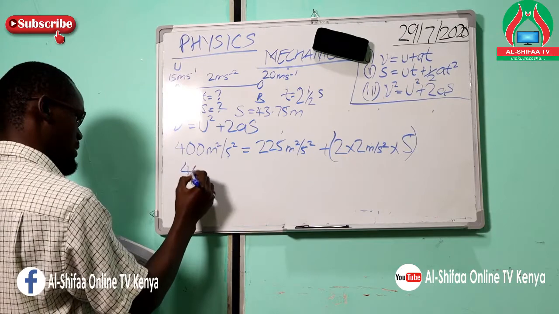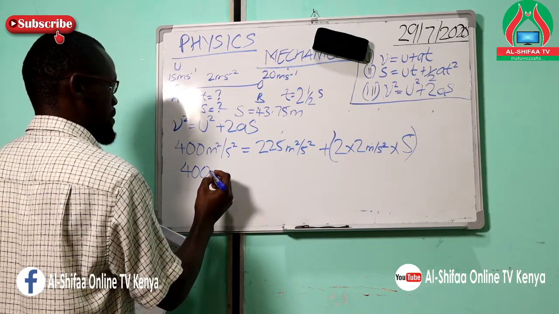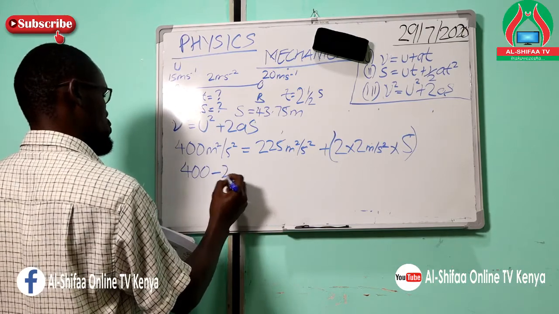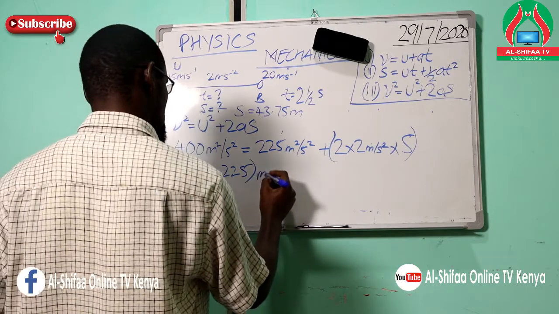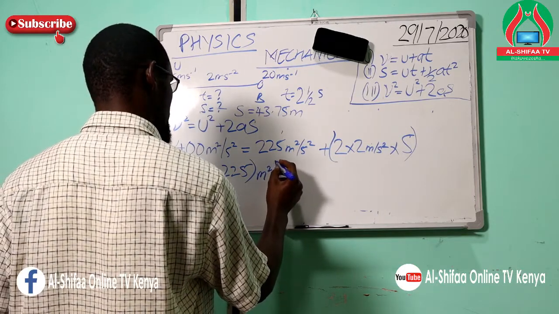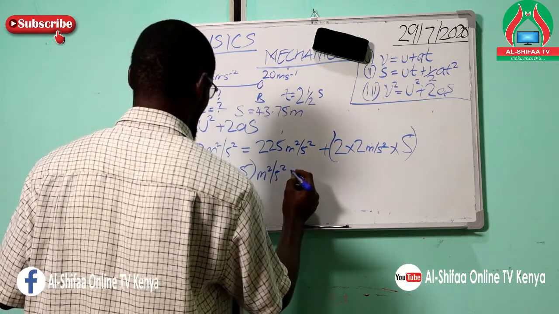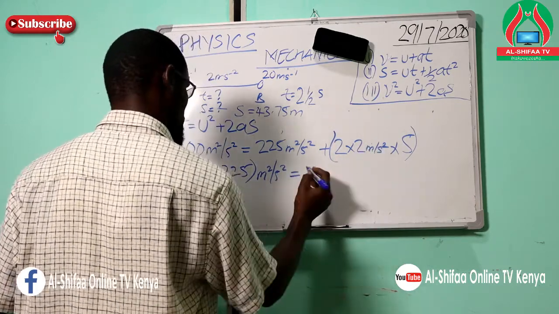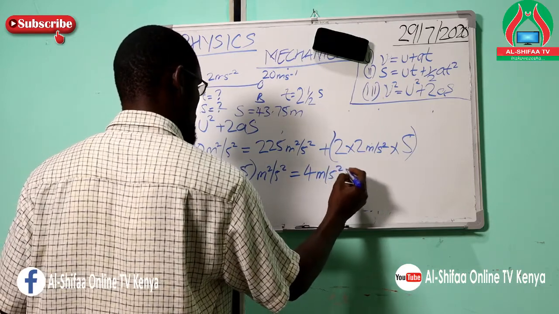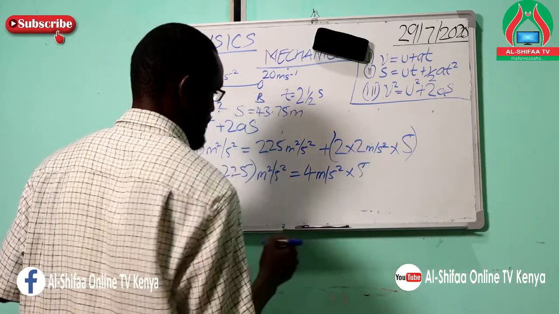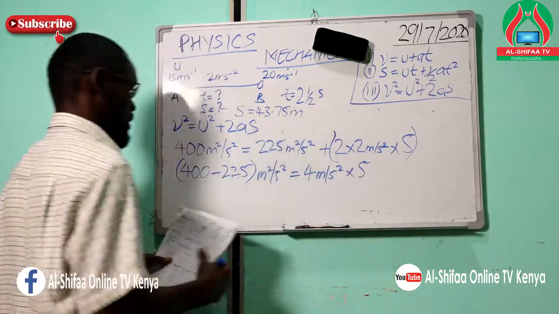So we get 400 minus 225, whereby the unit will be meter squared per second squared, is equal to 4 meter per second squared times S, or displacement.